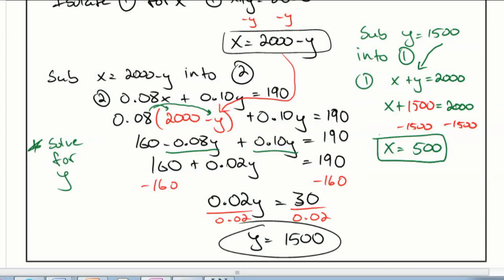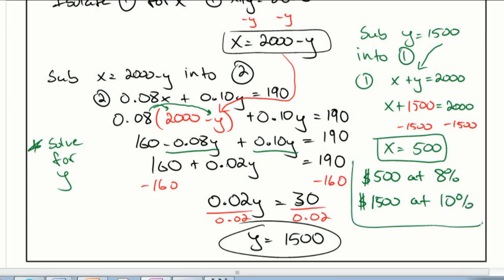All right, so we have an x, we have a y, and we should write an answer. So it looks like we have $500 at the 8% interest rate, and we have $1,500 at the 10% interest rate.